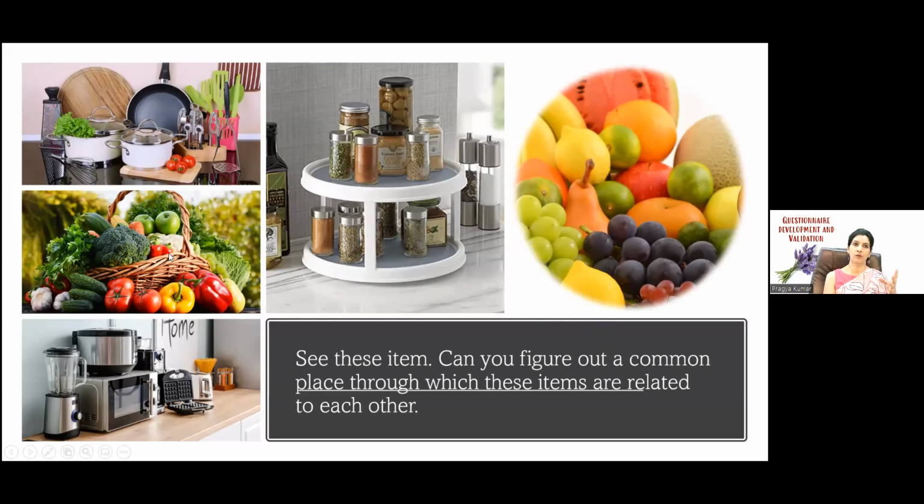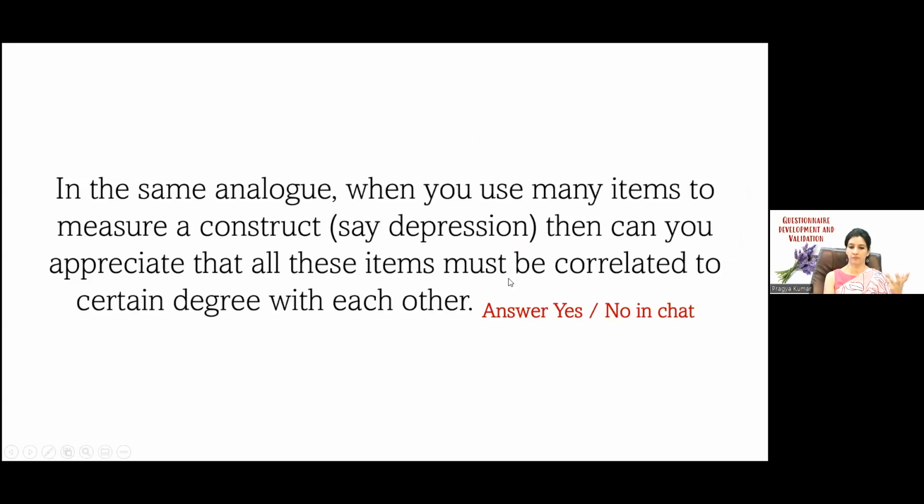Again, these are all vegetables. So this will be again multicollinear. That means the relationship or the correlation value will be very high. Again, this will be multicollinear. So you can figure out that there is some underlying construct, that these items are highly correlated with each other.